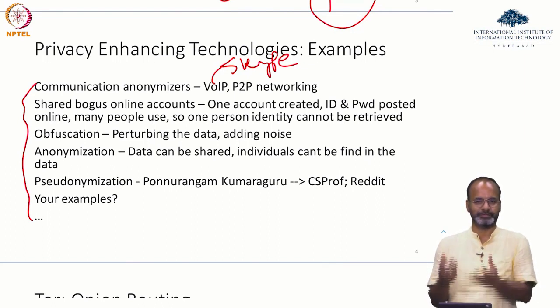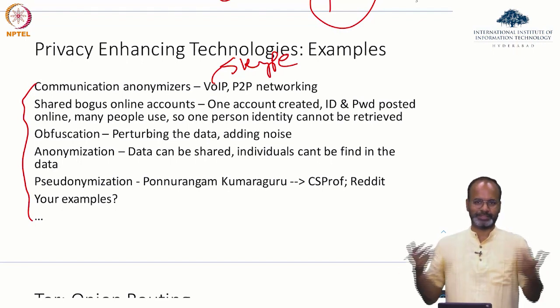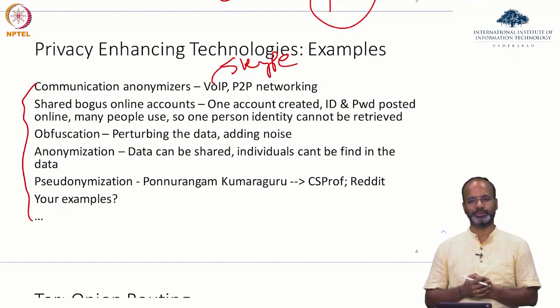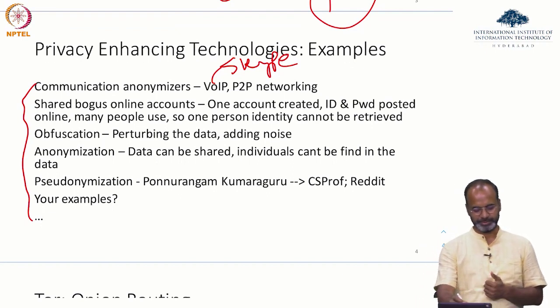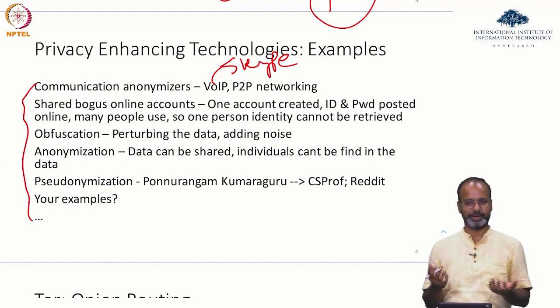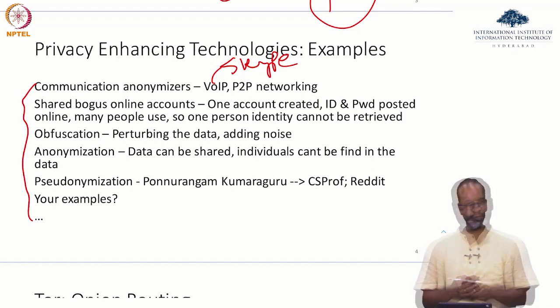Given that many people are using it, it's not possible to detect the individual characteristics of the person who's using the email address, which is what it says. One account created, ID and password posted online. Many people use it, so one person's identity cannot be retrieved.